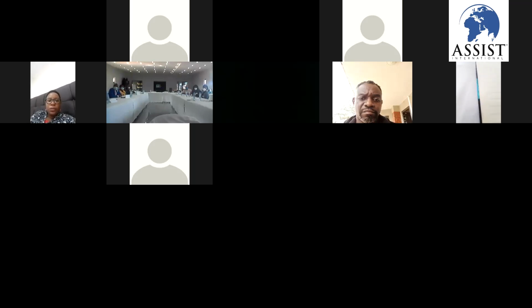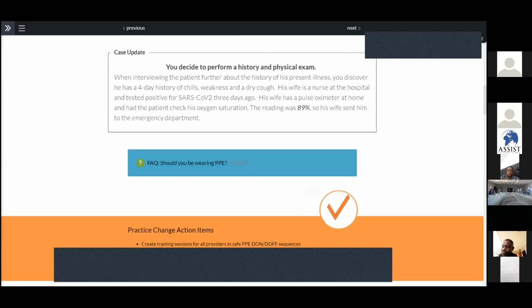Yes, so we are talking about a highly infectious disease. And as far as COVID-19 is concerned, the first thing you want to make sure is that you consider personal safety. So when you're working in triage, for instance, as a healthcare provider, you need to consider personal safety first.